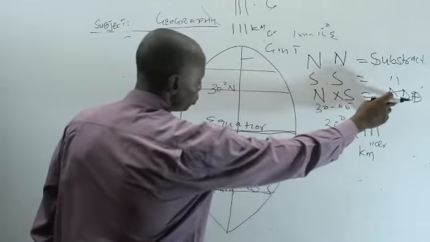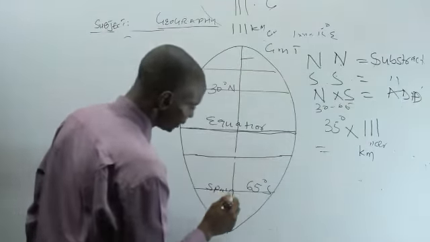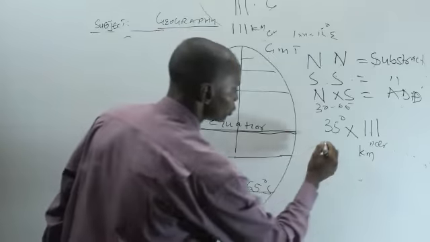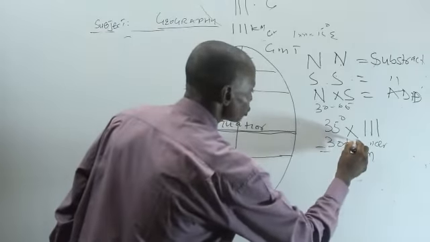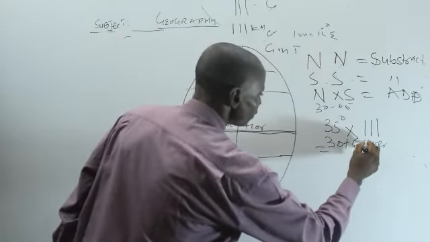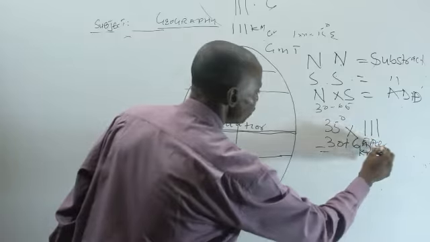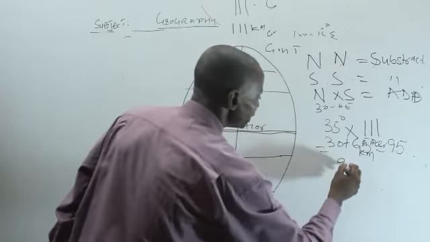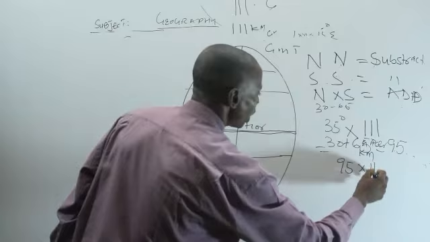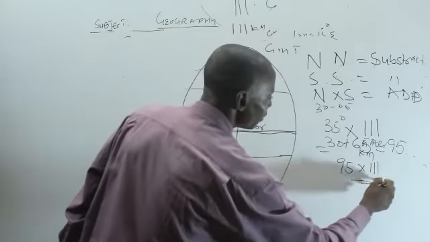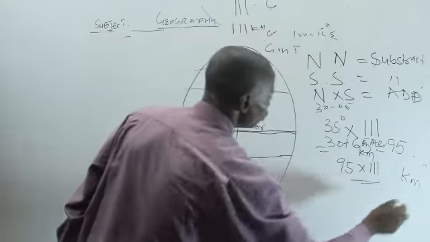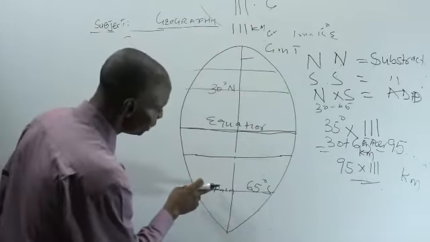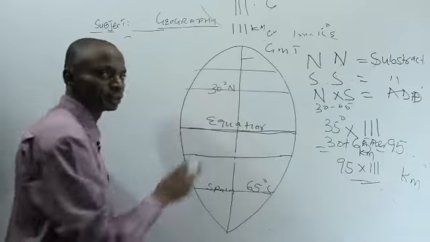What do you do? You add 30 plus 65 degrees. What will it give you? It will give you 95. Now 95 multiplied by 111, whatsoever it gives you in kilometers, will be the distance between Spain and Egypt.